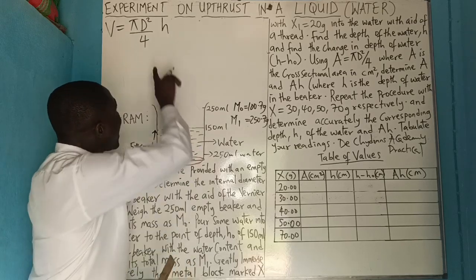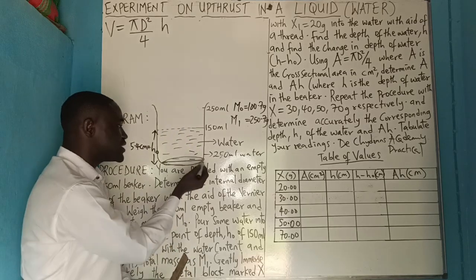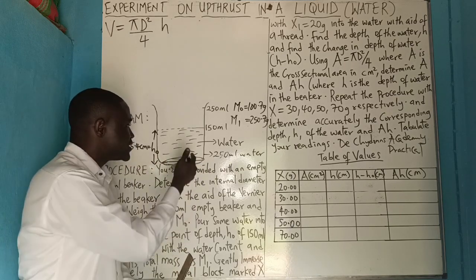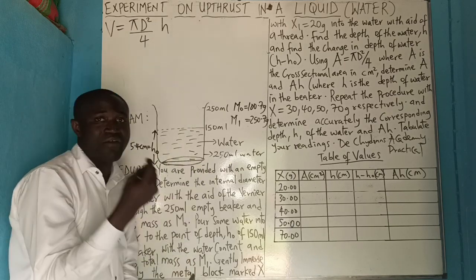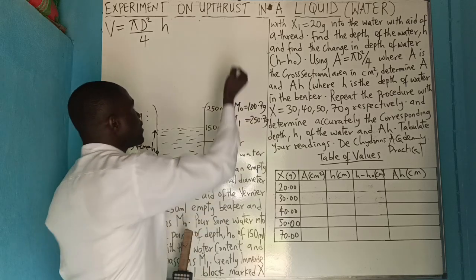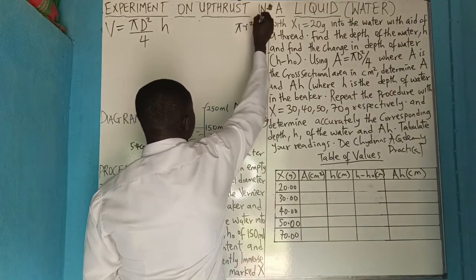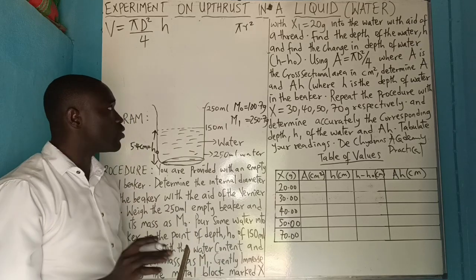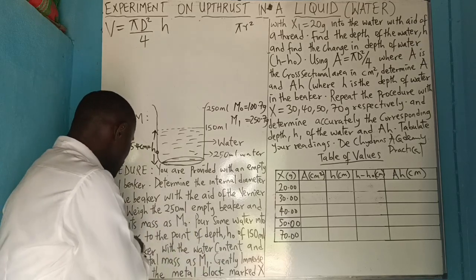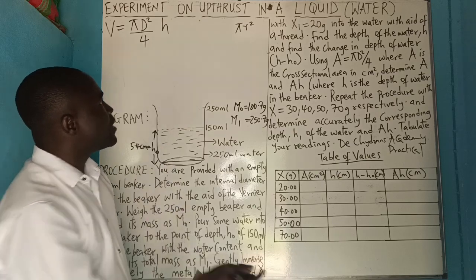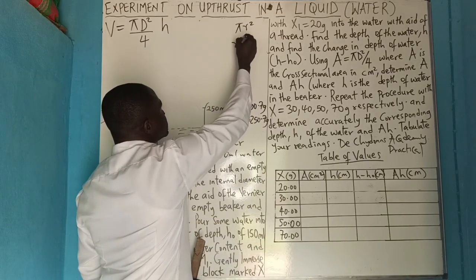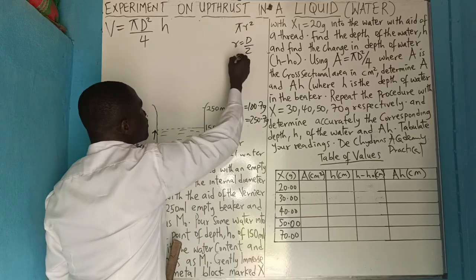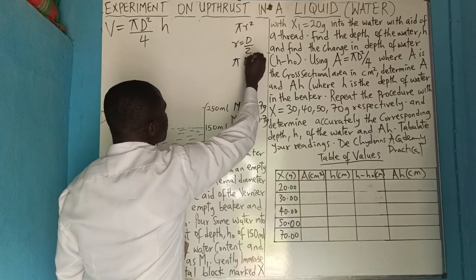This is because volume of any solid shape is equal to base area times height. You know that how we got this formula is that the base of that beaker is in circular form, and every circle has area pi r squared. That is the area of a circle. But because they expect us to get the diameter, we remember that r is equal to d over 2, and putting it here, it will now be pi d square over 4.